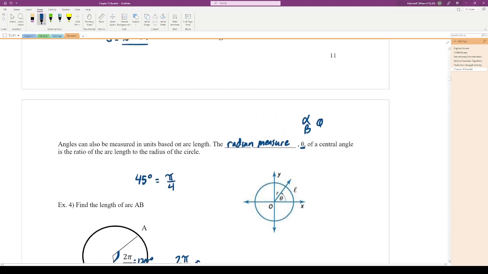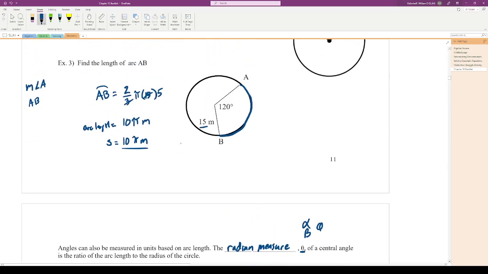So let's look back at the one we did, and instead of 120 degrees, let's make this 2 pi over 3 radians. If we did the same calculation, we would have done 2 pi over 3 times our radius of 15, and we would have gotten 10 pi.